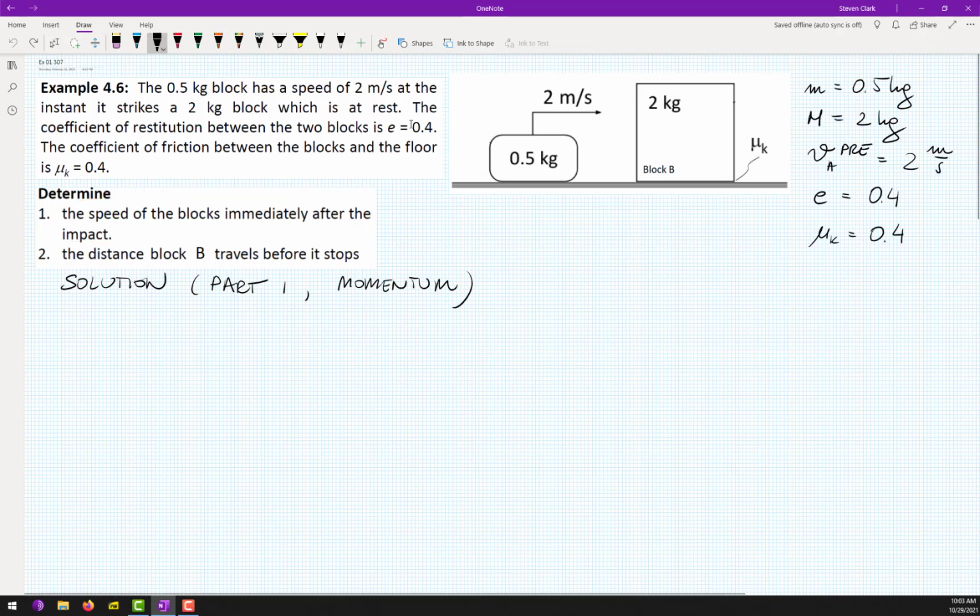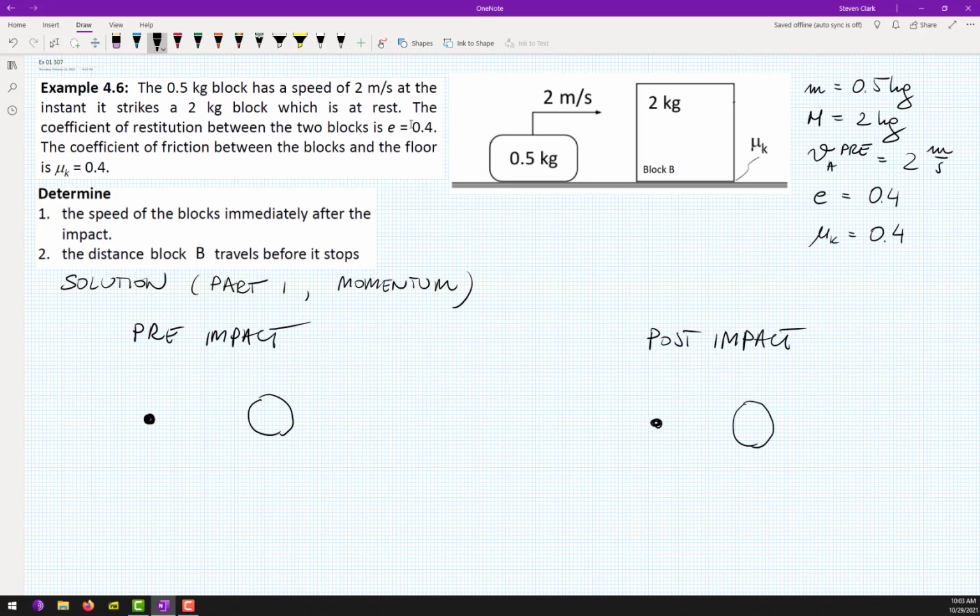Solution. We're going to draw the situation pre-impact and post-impact. So let's do a small dot and a big dot, and of course this guy has velocity A pre and little mass m.